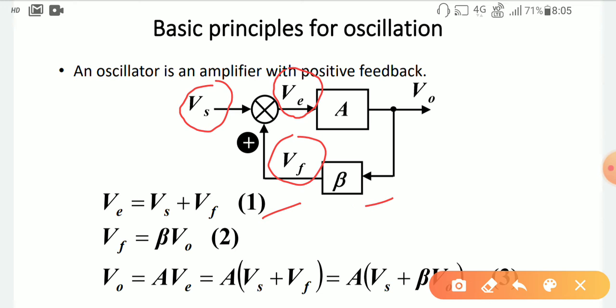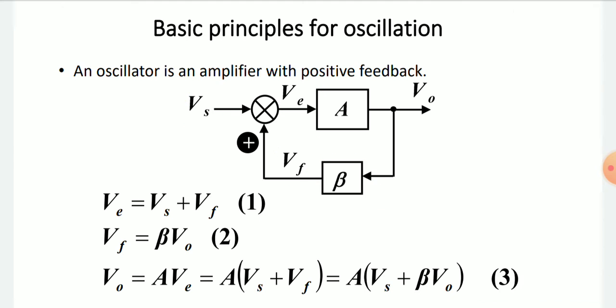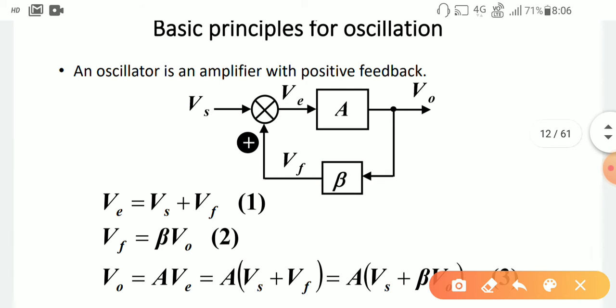Beta is defined as the loop gain, and we know that gain is defined as output by input. Here the voltage parameter is used, so beta is equal to output, here V of F, by input. Look at the arrow position, then you can identify which side is used for the input and which side for the output.